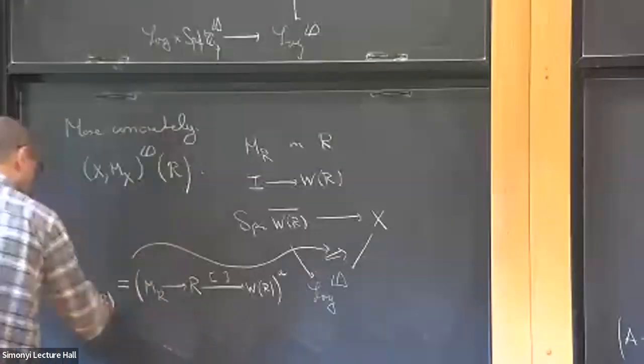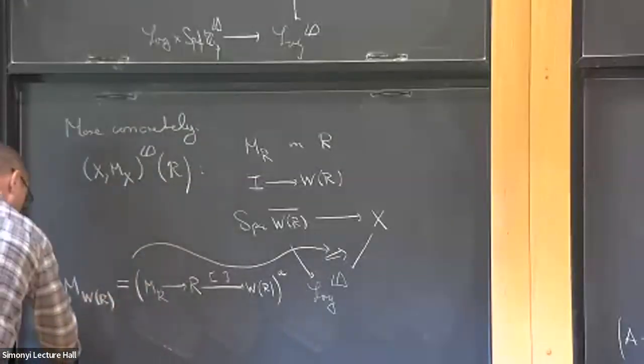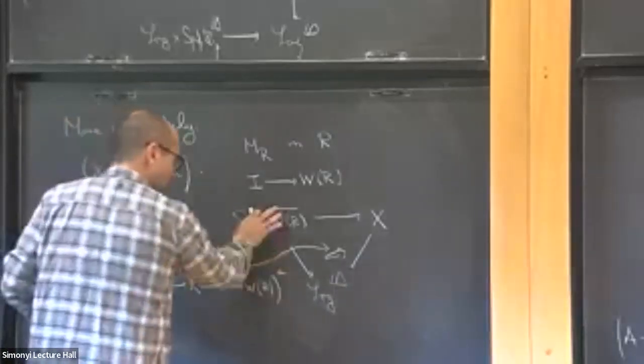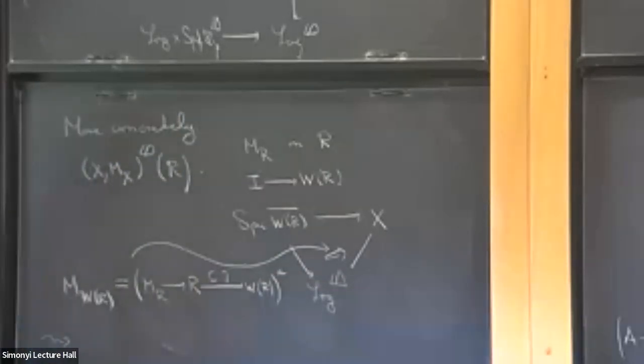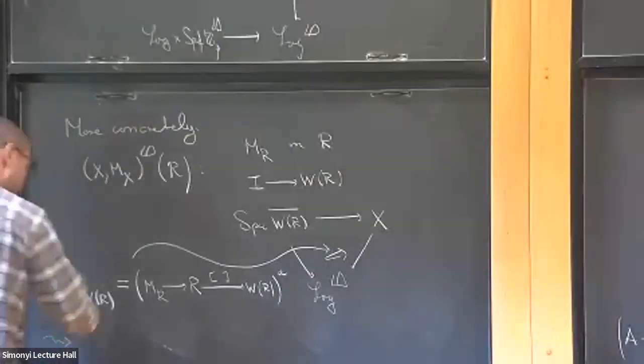So that gives a map from the Spf of the Witt vectors down to a log structure there.